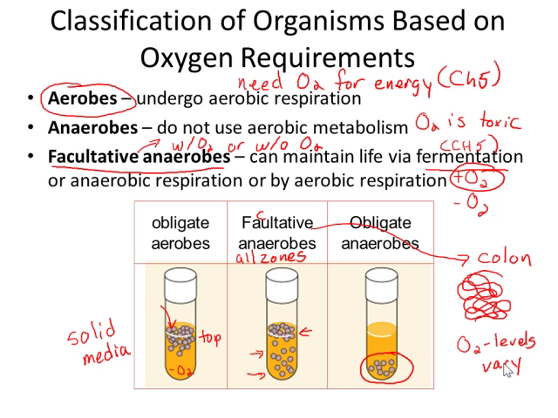Sometimes there's high oxygen levels, sometimes there's low oxygen levels. So how can a bacteria live in your colon, for example, E. coli? And the answer is simply this. E. coli is a facultative anaerobe. When oxygen is available, it'll use it, it'll grow. When oxygen is absent, it'll still grow despite that fact. So it can grow under a variety of oxygen conditions.